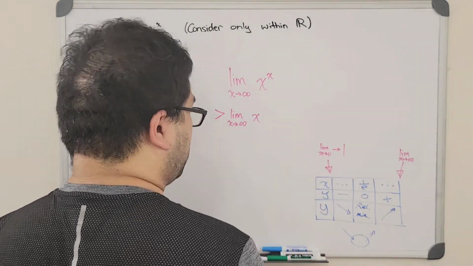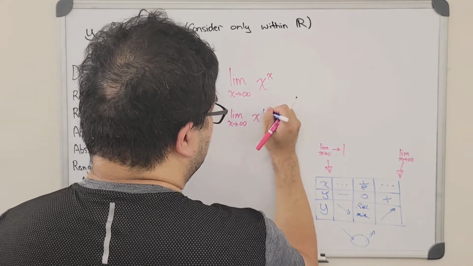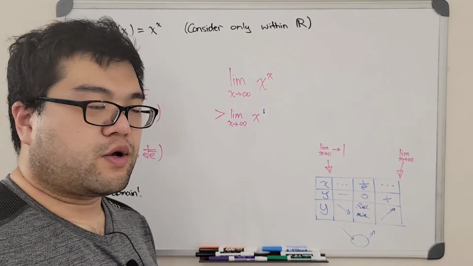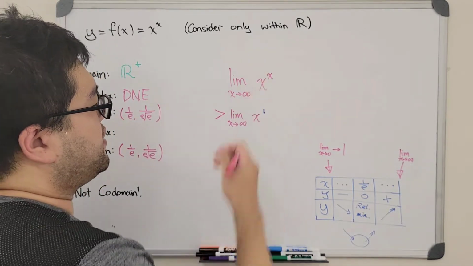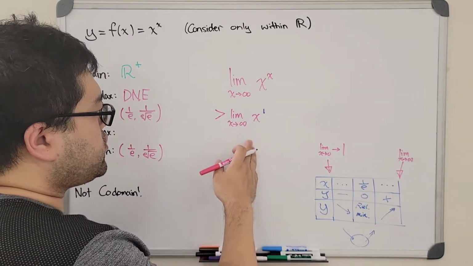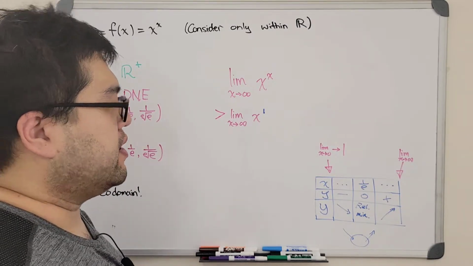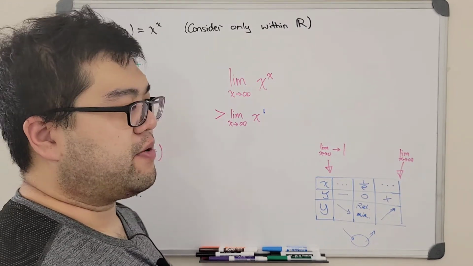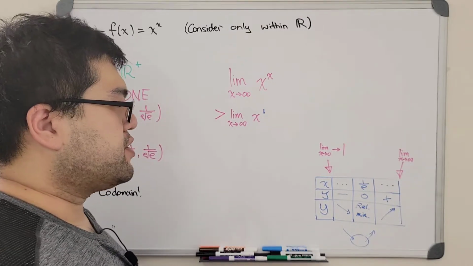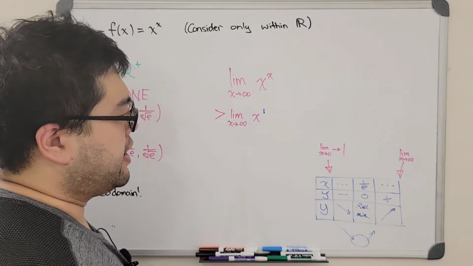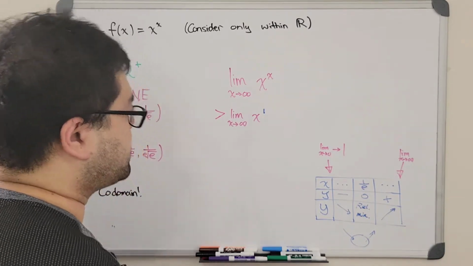Or let me put it this way, x to the x power is greater than x to the first power, because x is greater than positive 1, and when we have a base that is bigger than 1 and raise it to some power bigger than 1, the end result will definitely be greater than the value itself, the x.